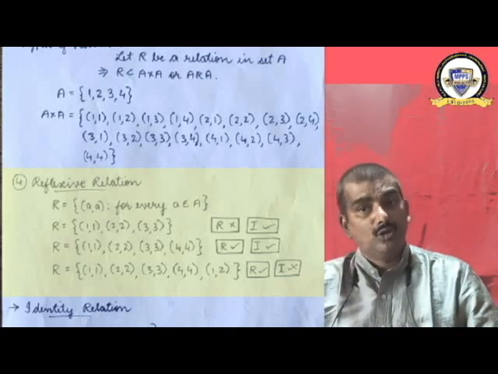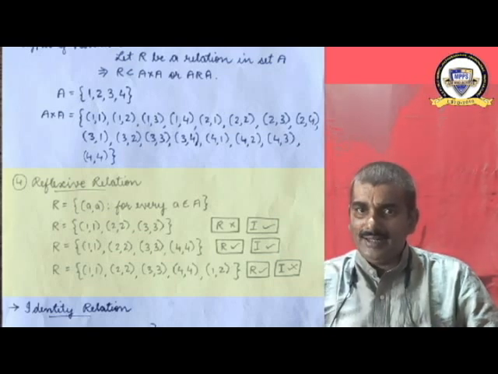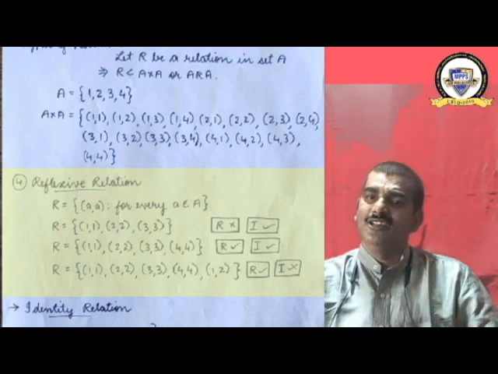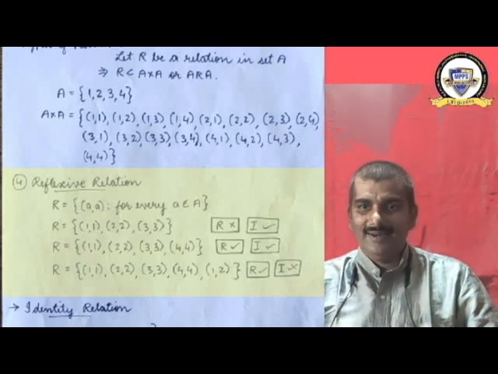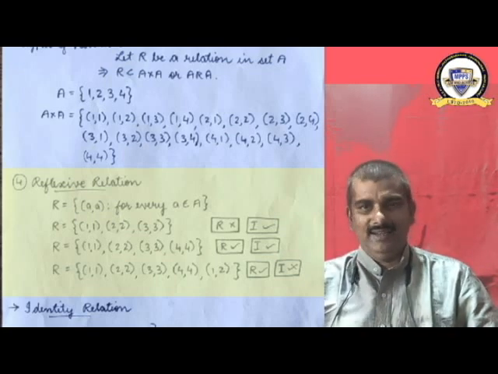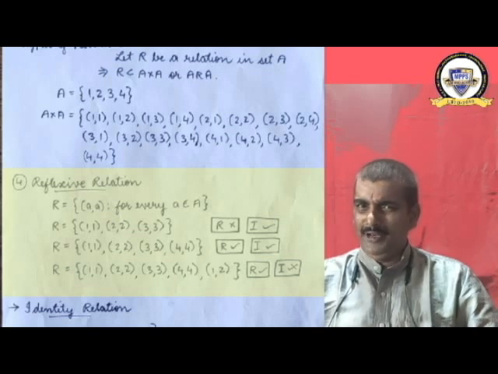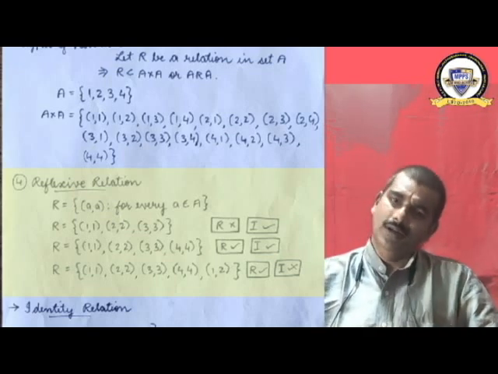These two conditions only you have to verify. They are verified in the third case. That is why that relation is also reflexive, but it is not an identity relation, because in 1,2 both are not the same. So I think you people are very clear on the reflexive relation. Are you clear? Yes, of course.